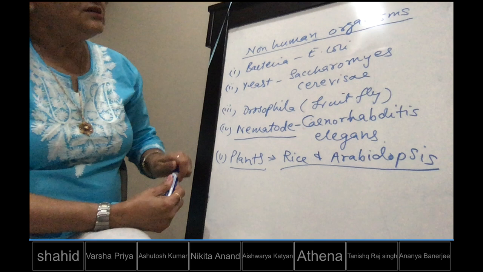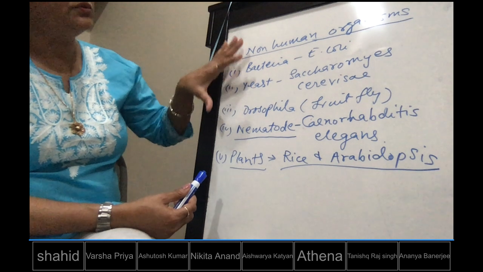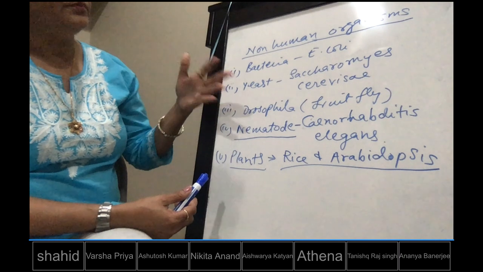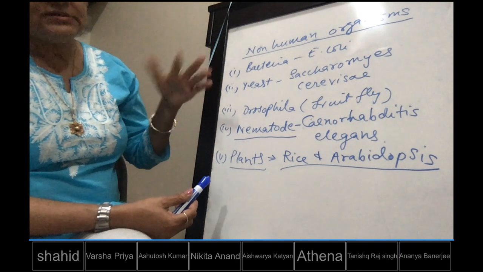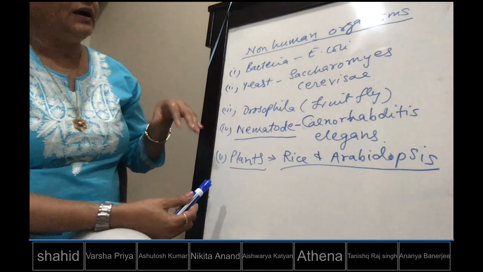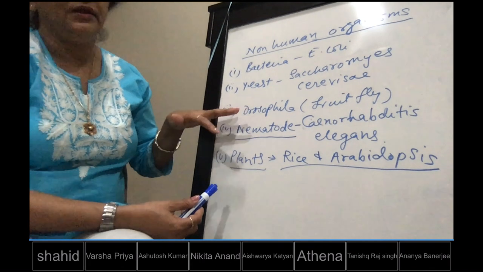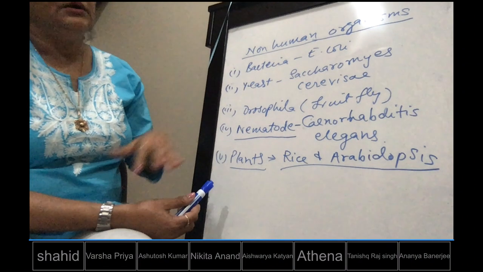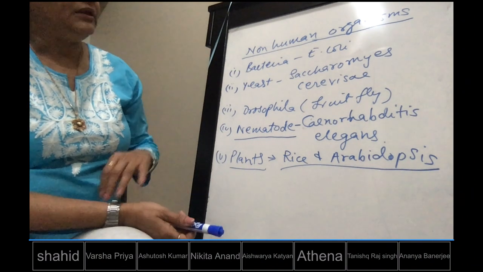So these are the non-human organisms whose genome was studied along with the human genome project, and a lot of comparisons were made, like human genome versus E. coli, human genome versus Drosophila, how many genes present, how many genes not present, like this. A lot of comparisons were made.